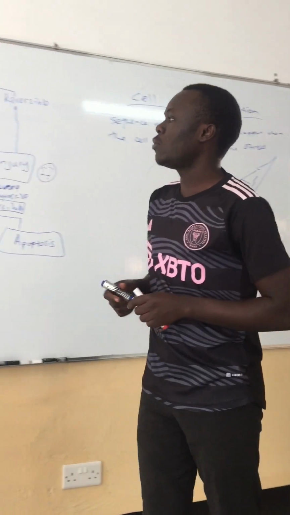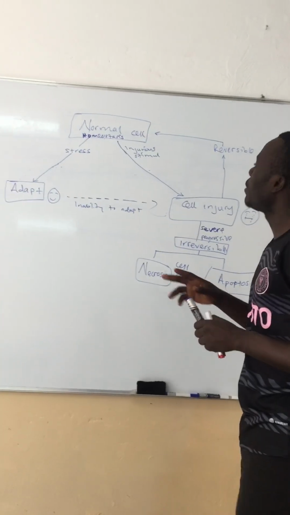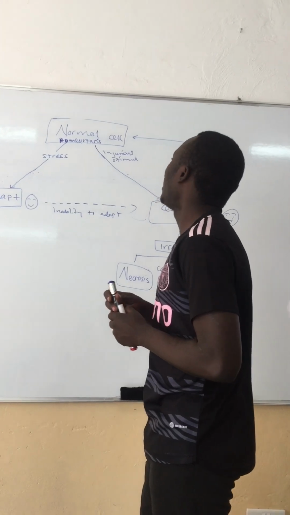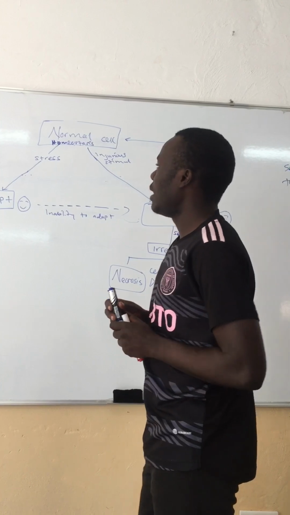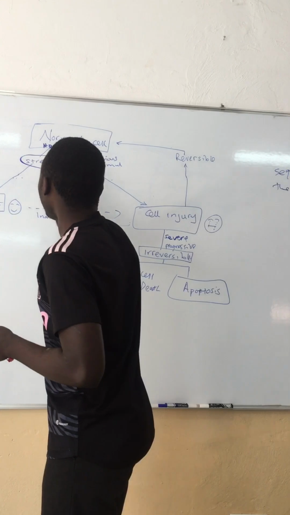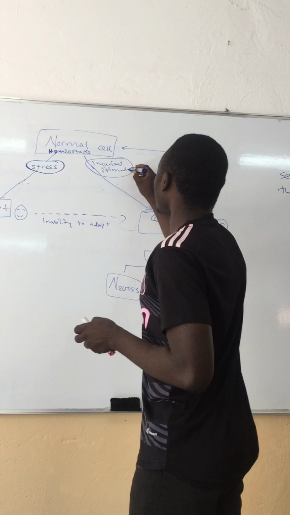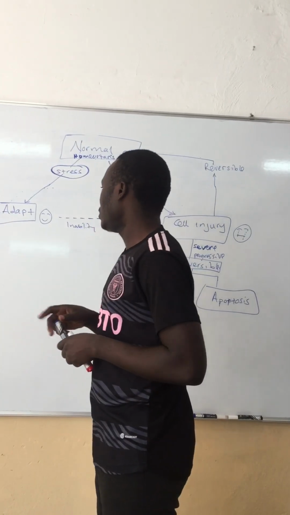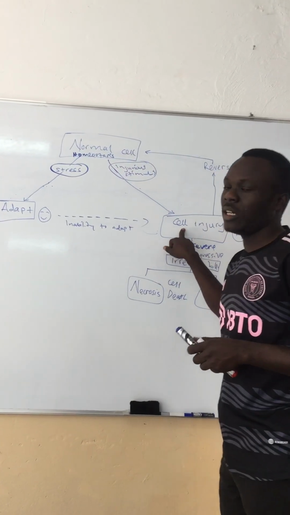Okay, so let's come to this diagram. It explains what normally happens if the normal homeostasis has been interrupted. When there is stress and this injurious stimulus, either the cell will adapt to that stress or it will undergo cell injury.